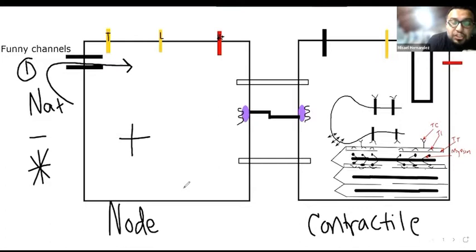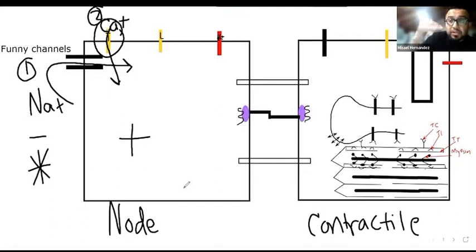As the sodium ions influx inside the cell, they start activating the opening of other channels. The other channel that we're going to be discussing right now is the T channels. The T channels slowly allow calcium to enter the cell. As the calcium comes inside the cell, the positivity is increasing. I'll show you how this looks on the actual graph with the action potential in a little bit.